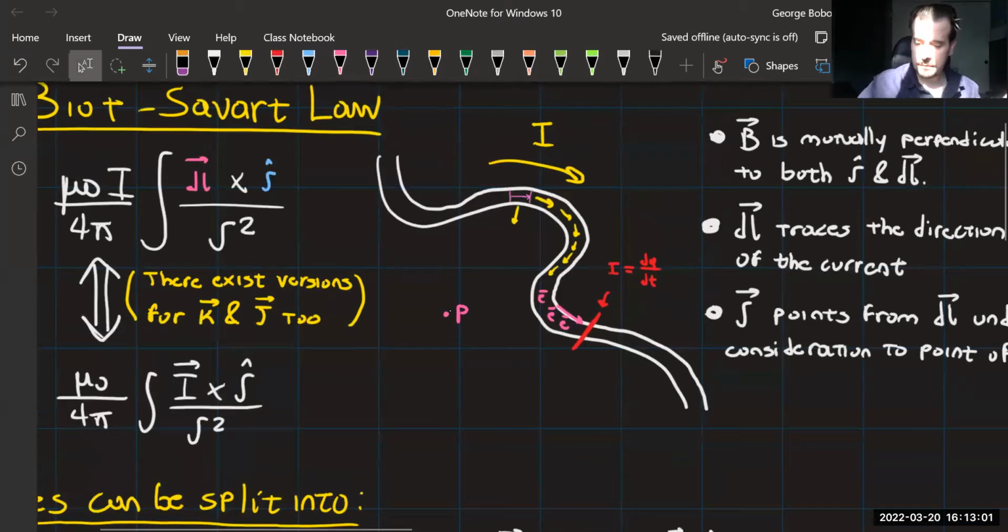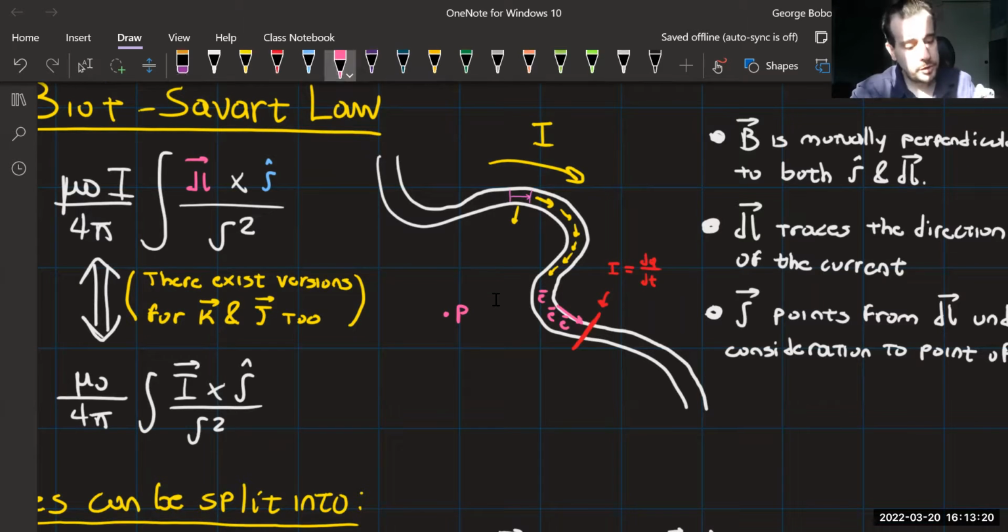So what does the r, first of all, do? It always connects your point of interest to one of the contributors of magnetic field. So when you look at your wire, you're going to want to break it, of course, into segments. For example, here, a segment could look like this.